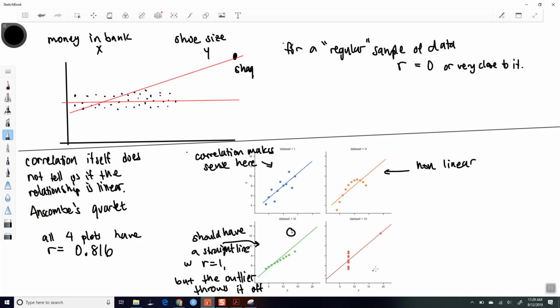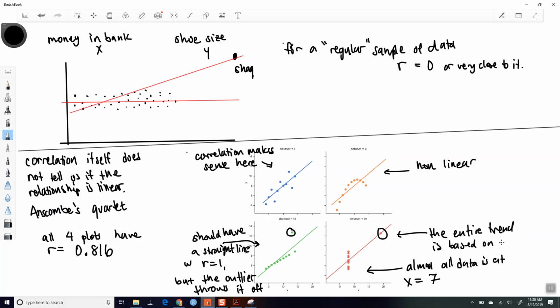And then over here, pretty much almost all data is at x equal to 7, and then you have the entire trend based on basically one observation.